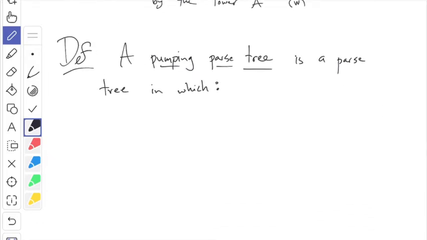First of all, there is a non-terminal which appears as its own descendant. Also, the string that's generated by the one above is longer than the one that's generated by the one below. That's what I'm going to write. So I'm going to say there is a parse tree in which some non-terminal, I'll call it A, appears as its own descendant.